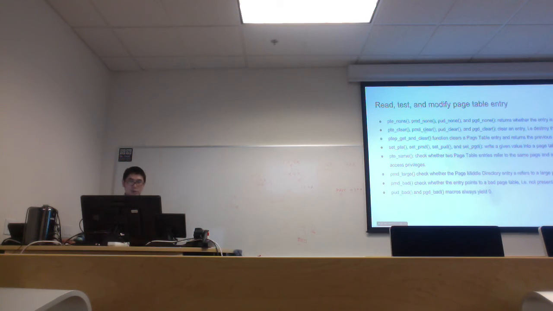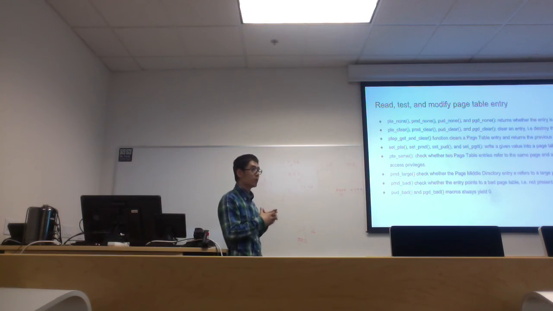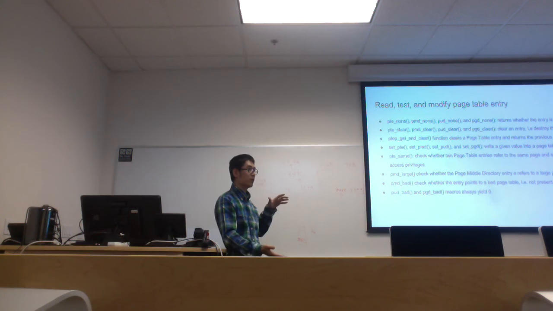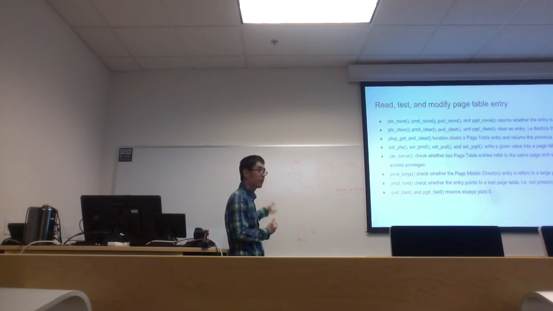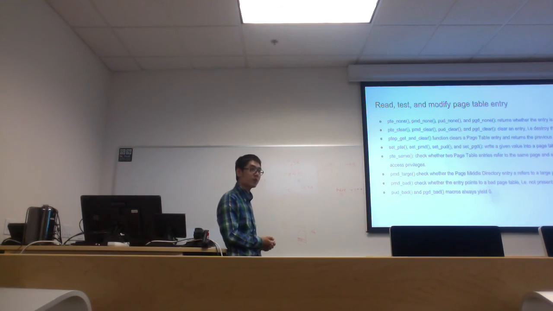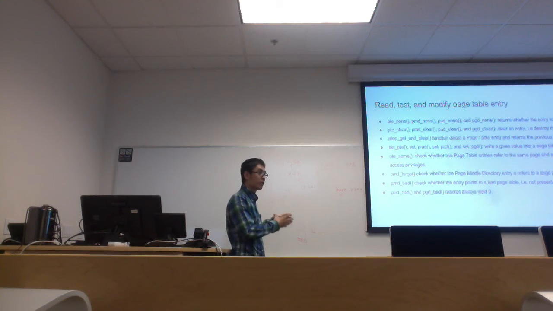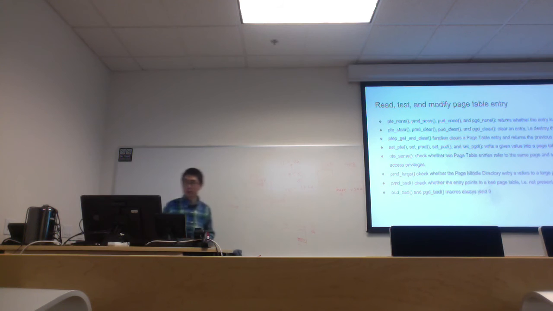And clear means clear the entry, write all zeros to it. Destroy the mapping. For example, when your program exits, you need to release all the memory you allocated and destroy your virtual address space. How do you destroy your virtual address space? By zeroing all these page table entries and returning the memory allocated to hold these page table entries, not the actual data, the page tables.